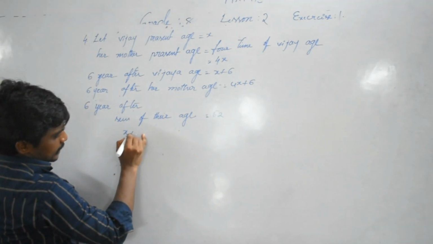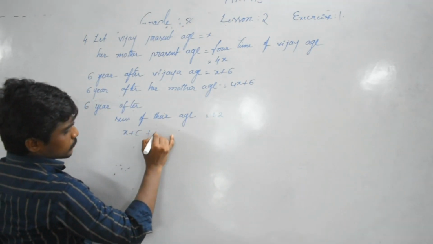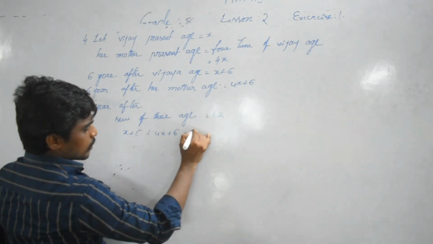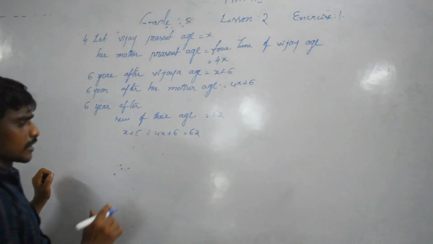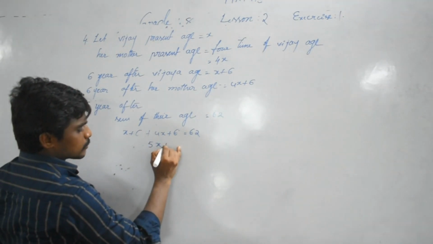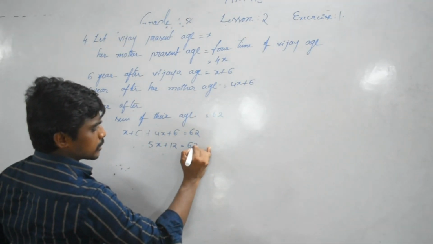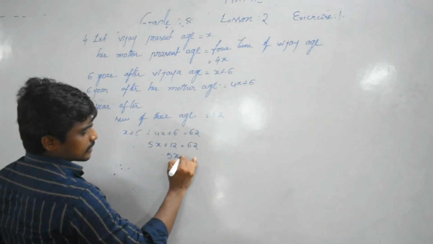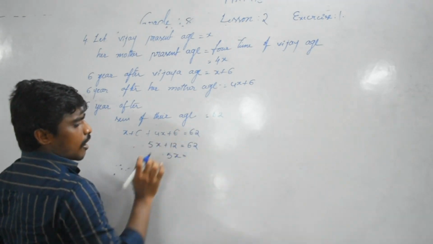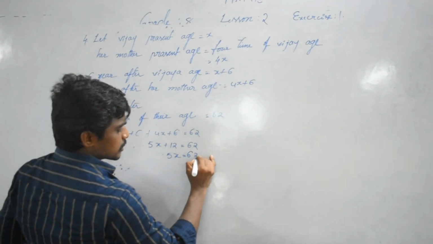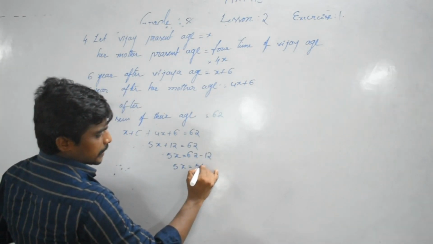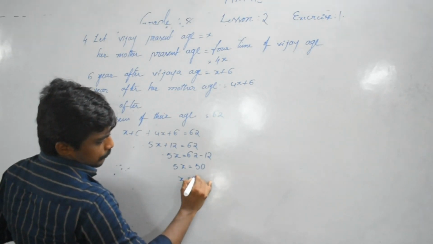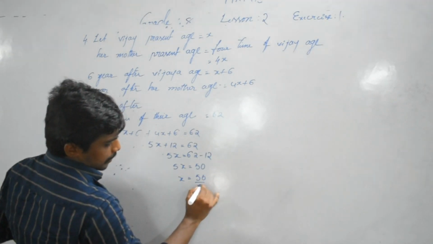So x plus 6 plus 4x plus 6 is equal to 62. x and 4x, total 5x plus 12 is equal to 62. 5x is equal to 62 minus 12, transforming into RHS. 5x is equal to 50. x equals 50 by 5.